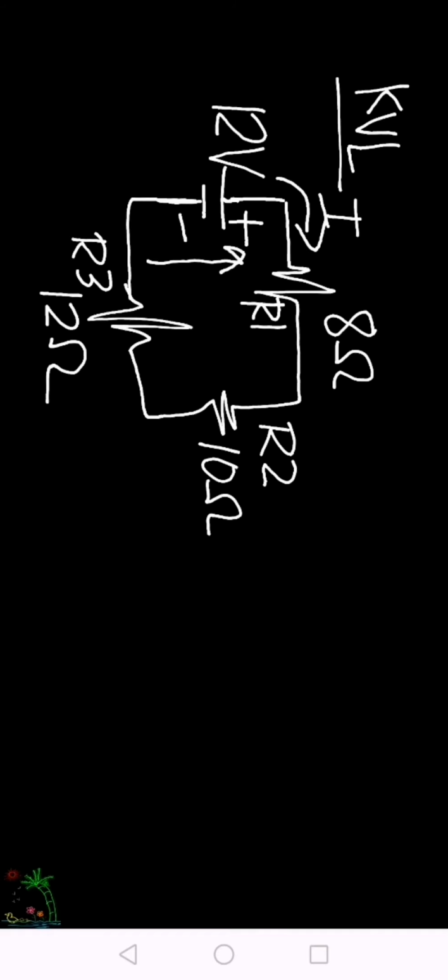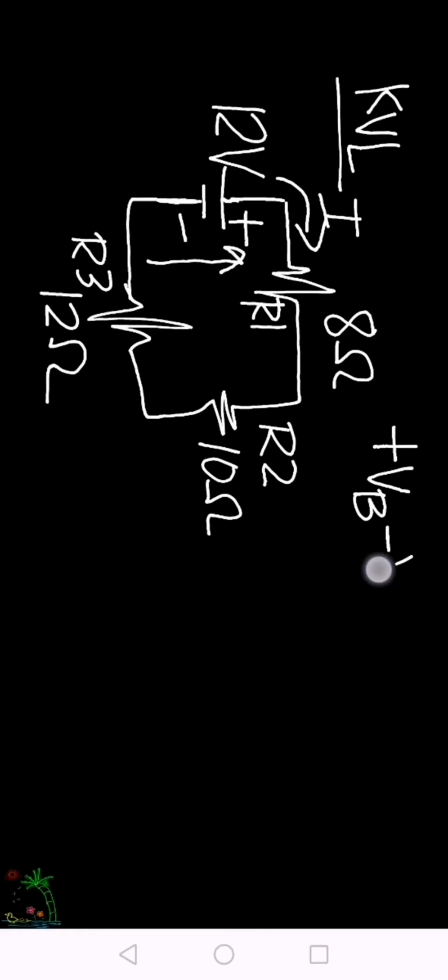So the battery supplies energy to the circuit. So we're gonna put positive VB for voltage battery, and then minus V1.